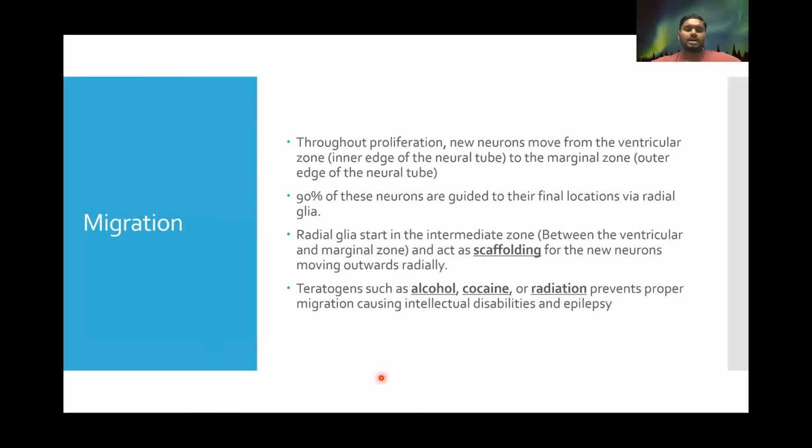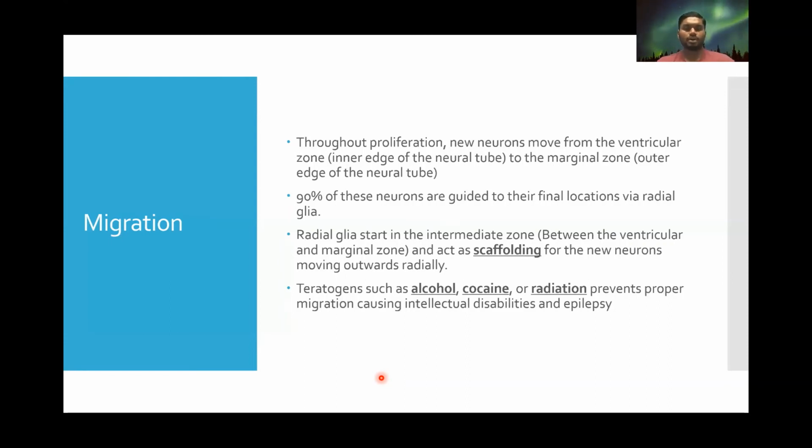So now we've talked about proliferation of these neural cells. Now we have to talk about the migration. How do these cells go from one area to another, right? Now, proliferation occurs in the neural tube at the ventricular zone. It's called the ventricular zone because it is the inner edge of the neural tube.